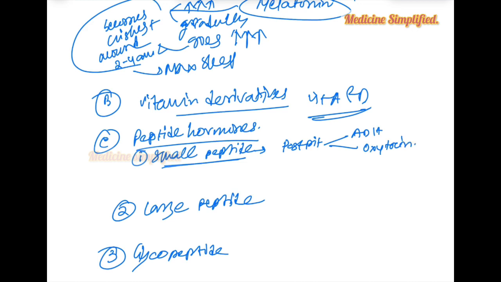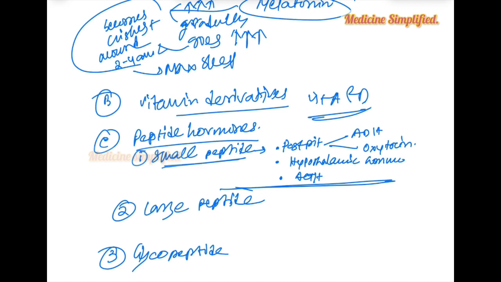Small peptides are mostly hormones from the posterior pituitary, like ADH and oxytocin, and also hypothalamic hormones like corticotropin releasing hormone and thyrotropin releasing hormone. Those names containing RH are hypothalamic hormones, and these are small peptide hormones.